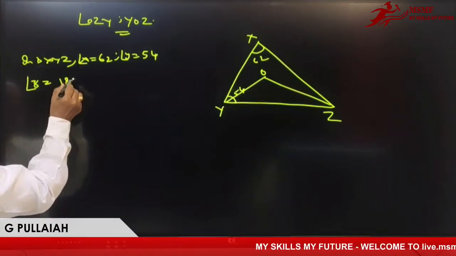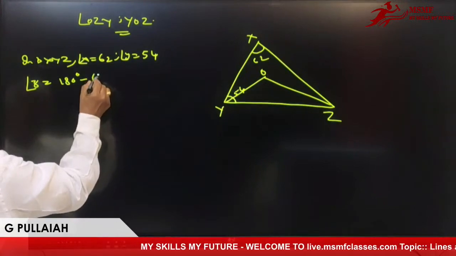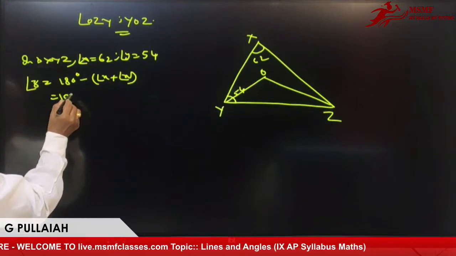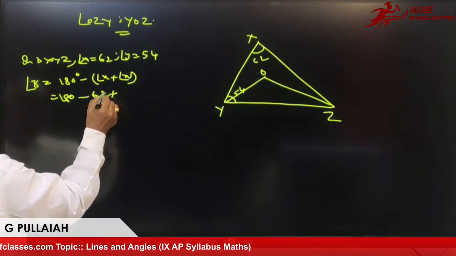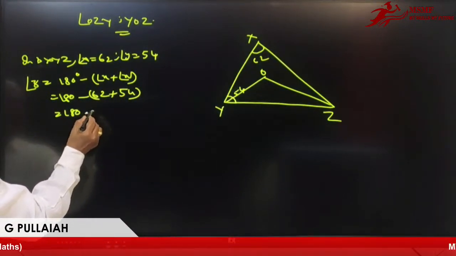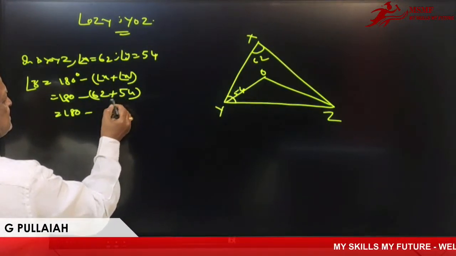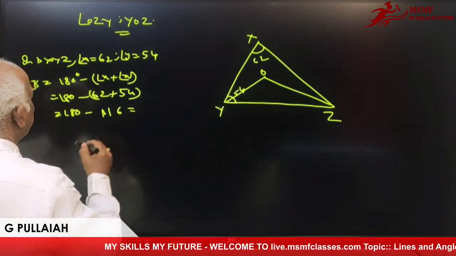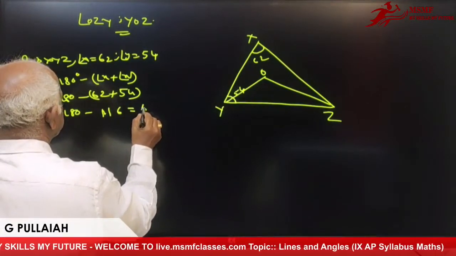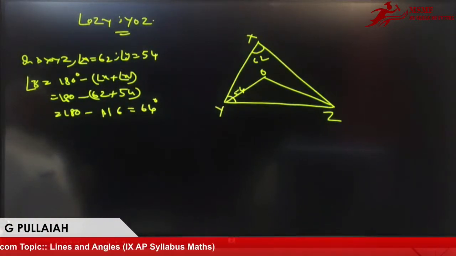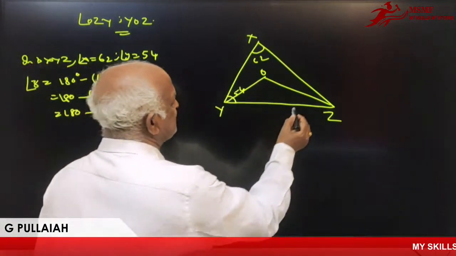Now angle Z is nothing but 180 minus the sum of angle X and angle Y. That is 180 minus 62 plus 54, which is 180 minus 116. So angle Z is equal to 64. Now first of all, think of angle OZY.